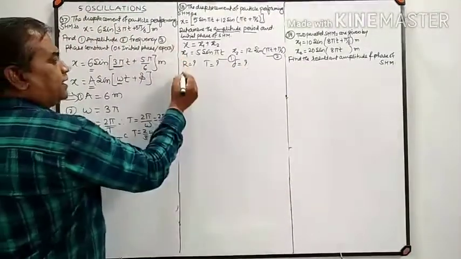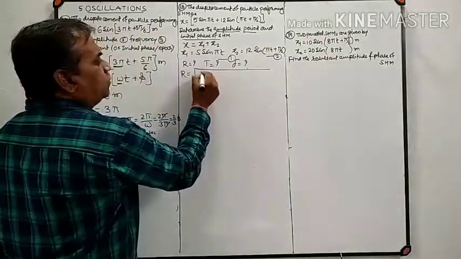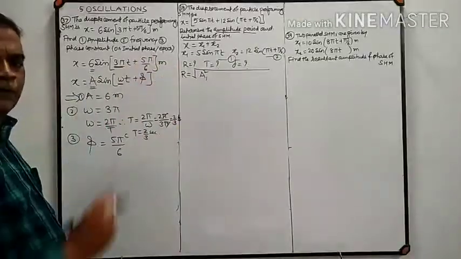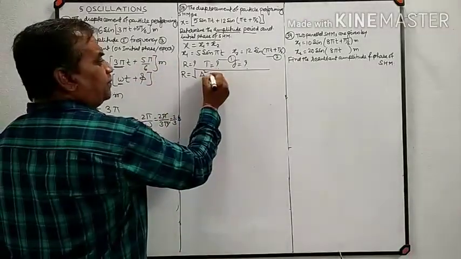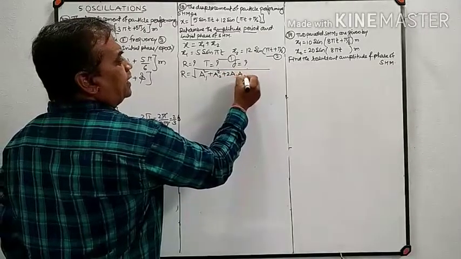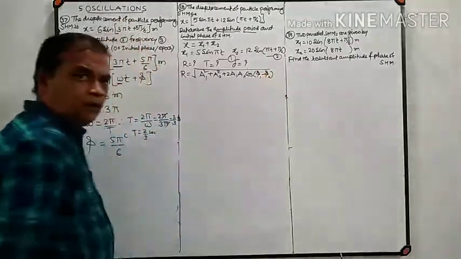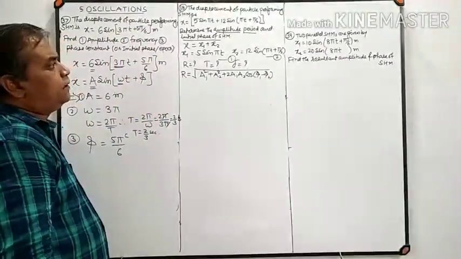To find the resultant amplitude, R is equal to, what is the formula for resultant amplitude of a single particle performing 2 SHM? It is √(a1² + a2² + 2a1a2 cos(φ1 − φ2)).